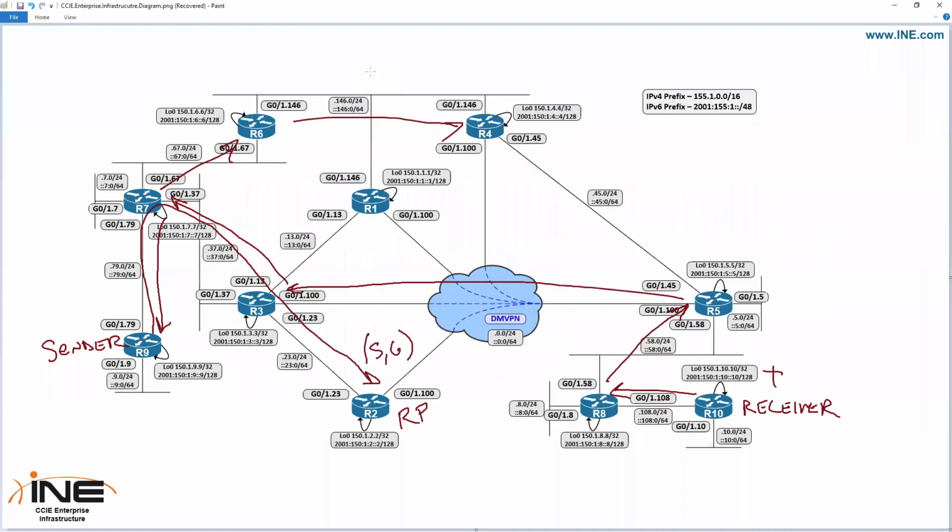So the point being here is the rendezvous point is only used temporarily in the data plane in order for us to connect the sender and the receiver. Once we connect the sender and the receiver, then we're going to follow the shortest path tree between the sender and the receiver. Okay, so let's look at a more obvious example of this.